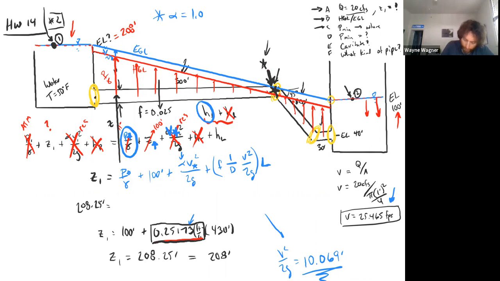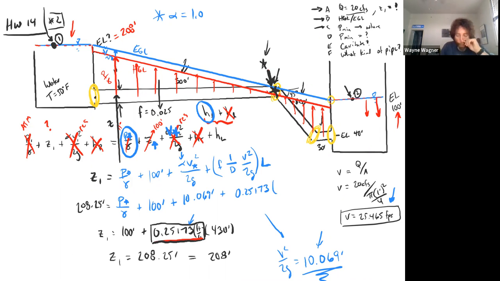So P on gamma is what we're looking for. 100 feet, V squared on 2G is this number right here, plus 10.069 feet. And then this number, 0.25173 feet per foot, times the length.